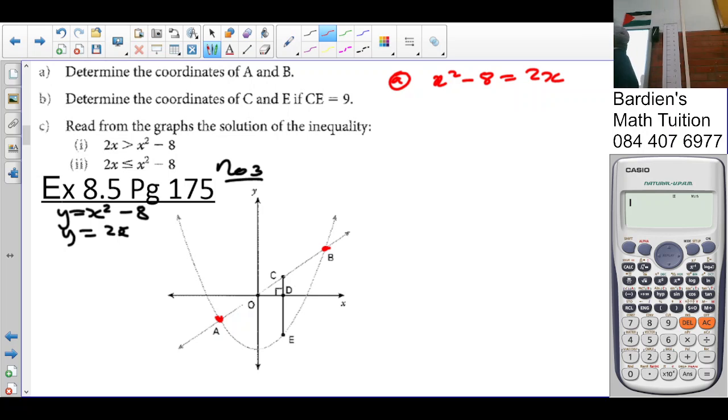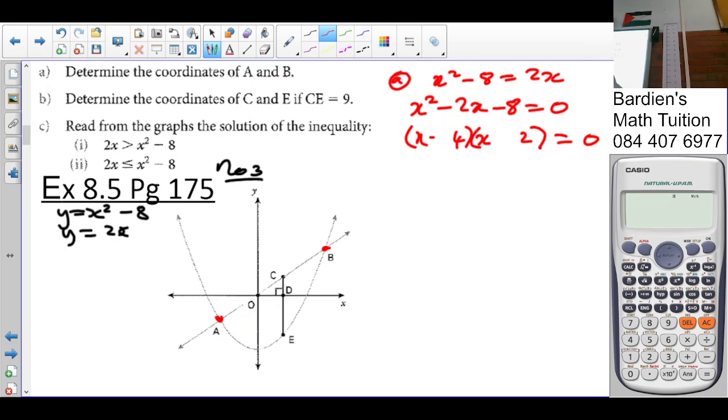Now we get 2x over, becomes x squared minus 2x minus 8 is equal to 0. The trinomial: x and x, 4 and 2, minus plus. So x minus 4 is equal to 0, so x is equal to 4, or x plus 2 is equal to 0, x is minus 2.